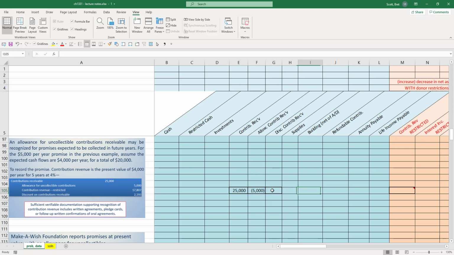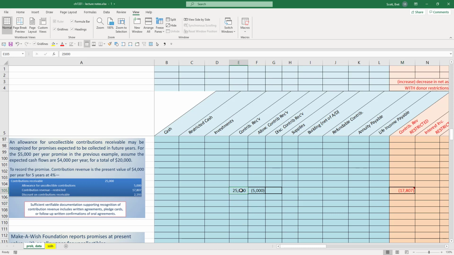But what's the present value of this stuff? Well, equals present value. And mind you, when you calculate present value, if you don't put in a negative sign, you're calculating the present value of money outflow, in this case, assuming inflows. Don't worry about that right now. Present value at 4%, number of periods 5. If we're saying it's more like $4,000 we expect to collect, that's the true present value of those cash flows.